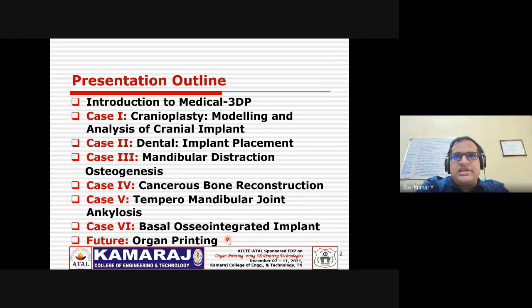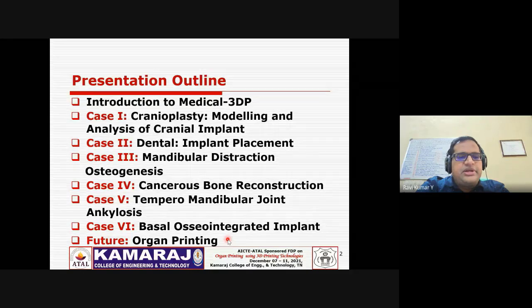Though this is too early, a future technology, there will be several challenges as organ printing is at a very beginning stage, and how these challenges can be overcome. So that is the last agenda point of my presentation.